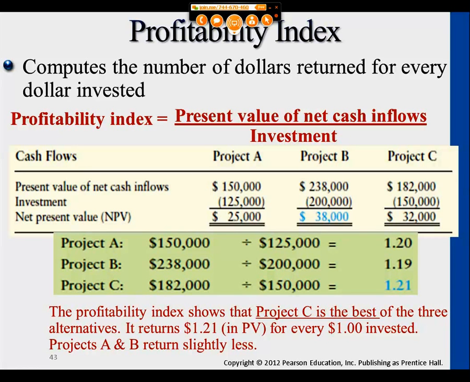with the initial investment of 125,000, which tells us that the net present value is 25,000, okay? That's given to you. We also know what's happening with the second one.